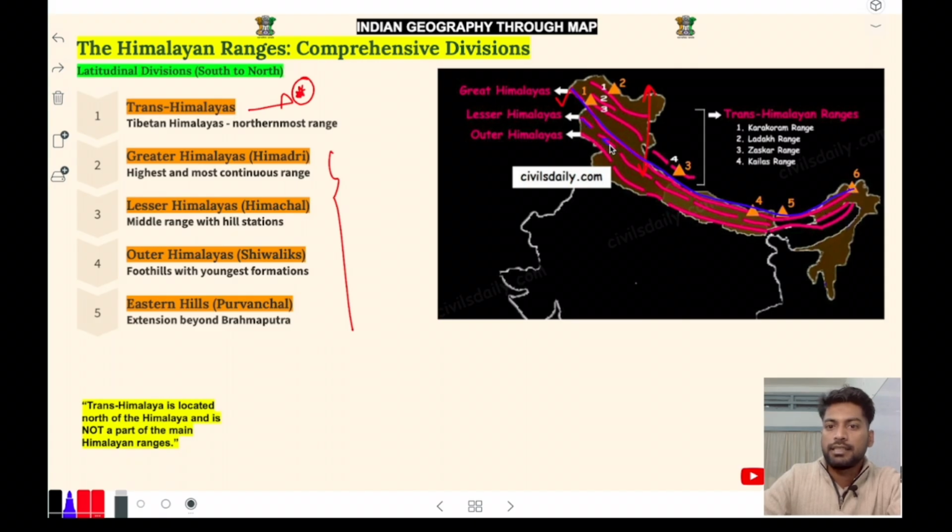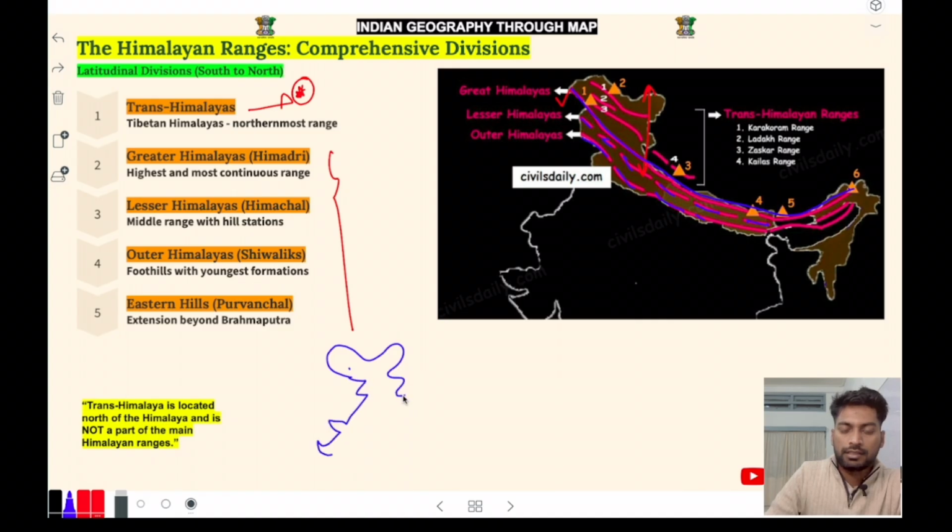Below this, the chain is not continuous, an uncontinuous chain. Below that comes the Lesser Himalaya. And the last one, again an uncontinuous chain, is your Shivalik. So roughly, if you draw this, first you will see the Greater Himalaya.